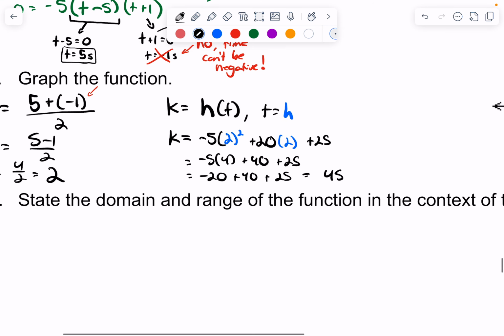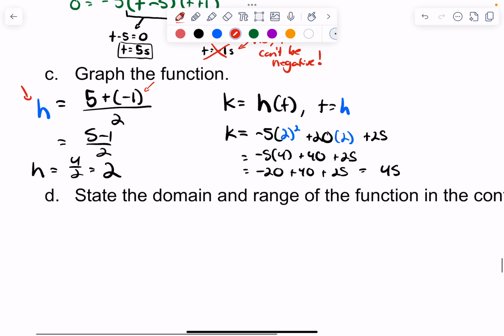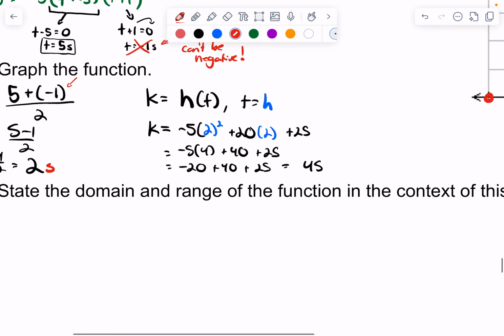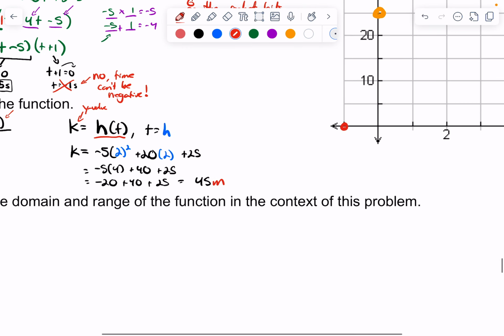And really, just to give you context of what you're doing, this h value, remember, is an x coordinate, an x value. But in the context of this problem, that is also a time value. So this h is actually at 2 seconds. And this k value, yes, it is a y value, but in the context of this problem, it is the height. So this is 45 meters. That means we have our vertex.